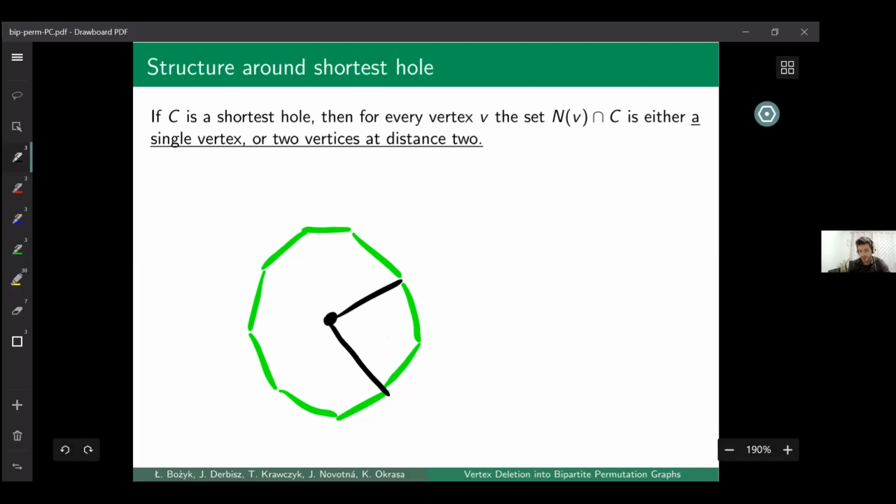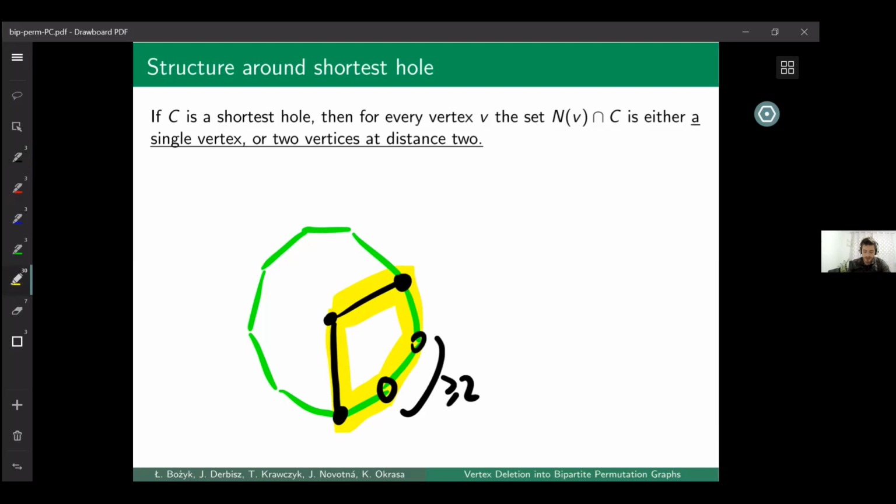We can have 2 at distance 1, and this is what we want. But if anywhere along this hole we had vertices at least 2 apart, then we would get a shorter hole. This contradicts the green hole being the shortest one.